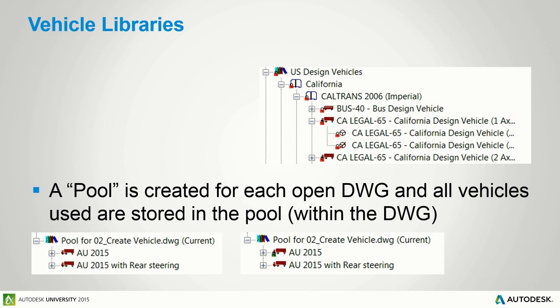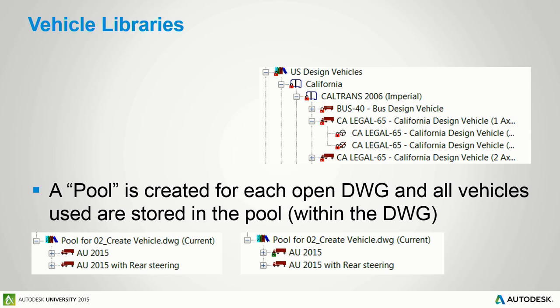You can use them, copy them and edit the copy, but you cannot edit the original vehicles which are supplied with the software. But based on these vehicles, we will create a new vehicle which will be related only to our current drawing.